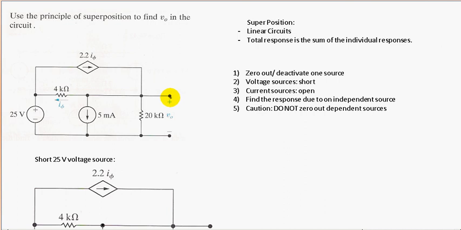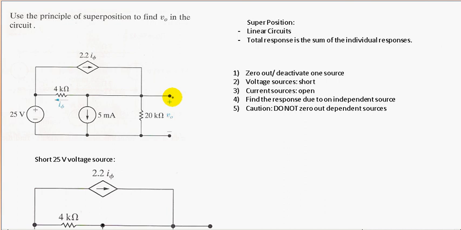Now, to use superposition, we zero out one source at a time and find its response. We zero out voltage sources by shorting. We zero out current sources by opening. Then we have our system of equations, and we solve and add the individual responses together to find our total response.